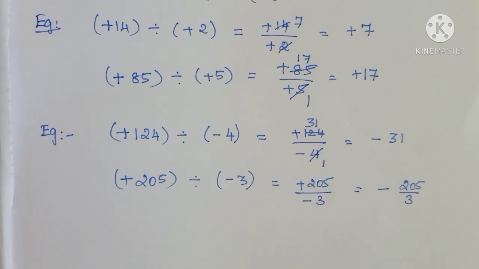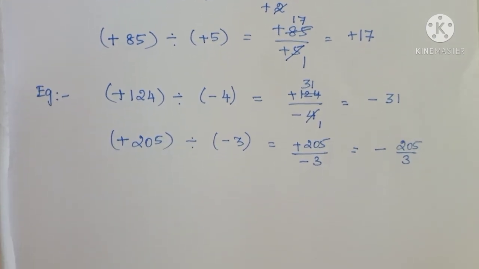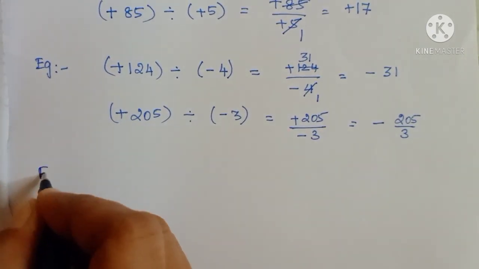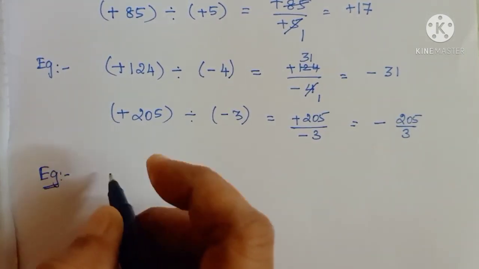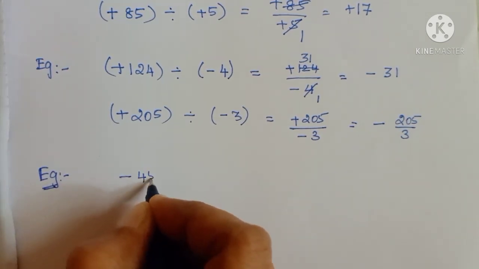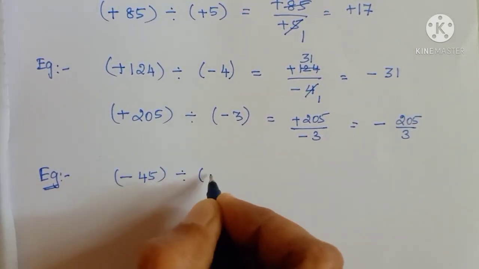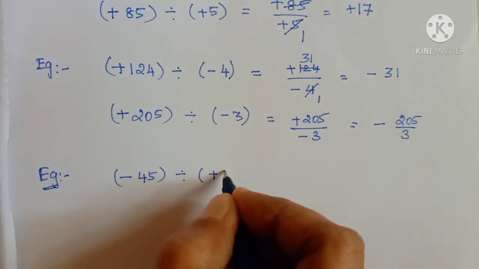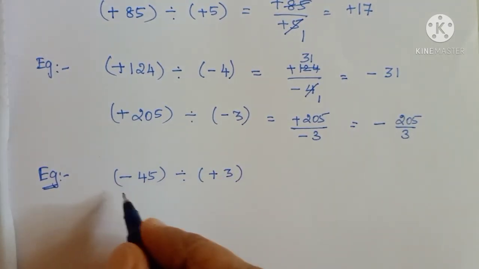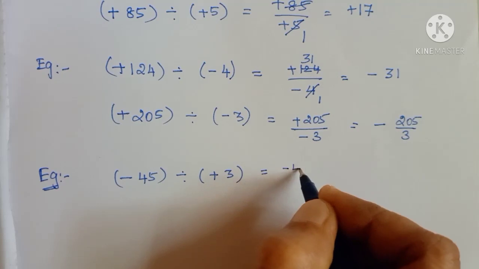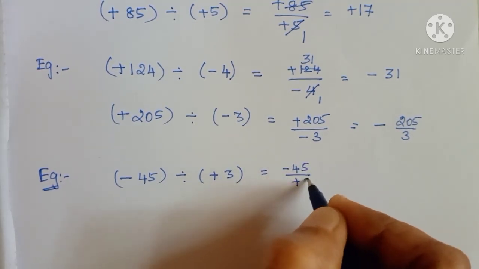Now we will see the third formula, that is minus by plus. That means negative integers we are going to take first. Minus 45 is divided by positive integers. I am going to take here 3. Now we will check this one. Minus 45 is divided by plus 3.